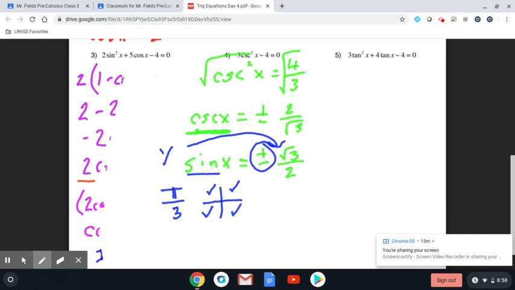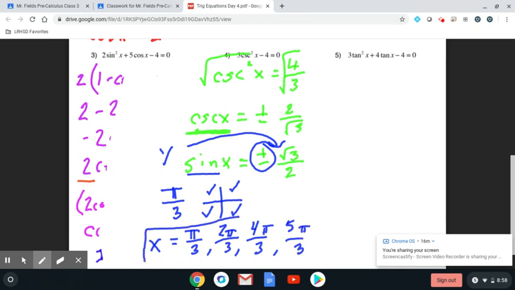So once we end up in all 4 quadrants using pi over 3, we end up getting our solutions of pi over 3, 2 pi over 3, 4 pi over 3, and 5 pi over 3. All right, so those were all of your 4 solutions for problem number 4. Again, I apologize for my answer key. I made a mistake, so there should be 4 solutions, not just 2.